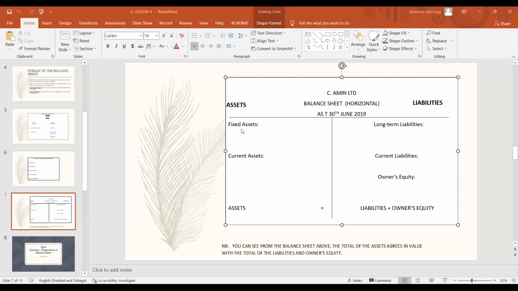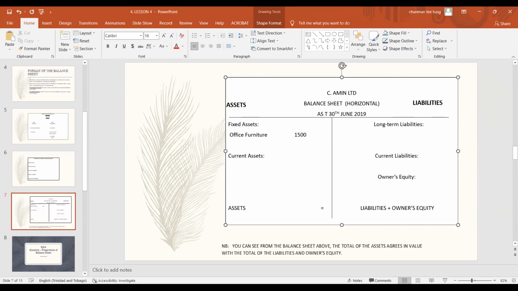Okay, guys, so we are going to do it together, as I said. We're looking at our fixed assets, and we know those are assets that the business has purchased for the business. The first fixed asset we have is office furniture, and that is $1,500.